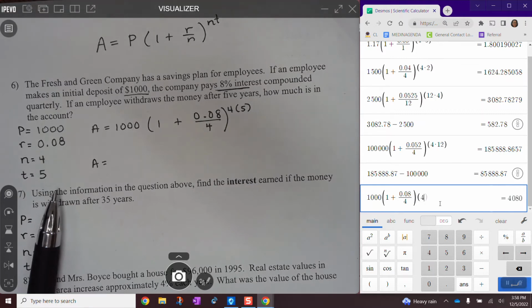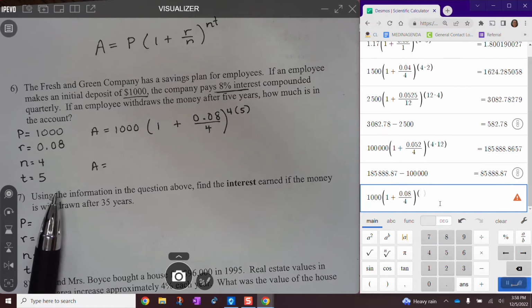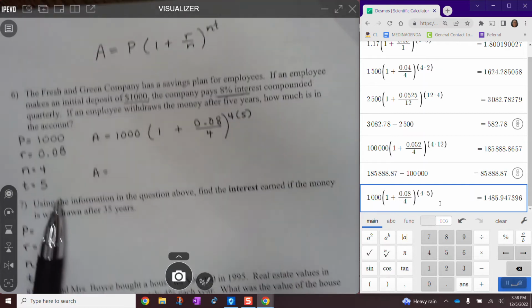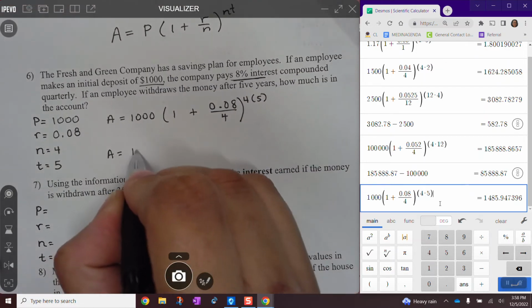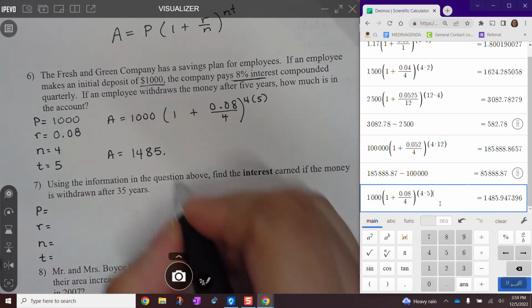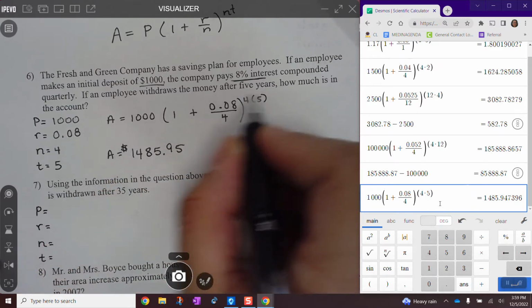In parentheses, 4 times 5. Is that an exponent? Nope. See? Didn't look like an exponent. 4 times 5. There we go. 1,485.95. And this is how much money is in the account.